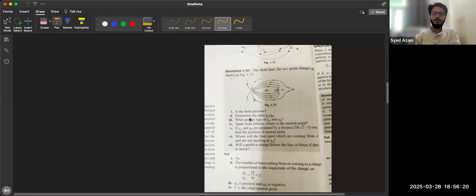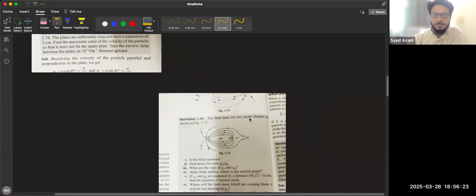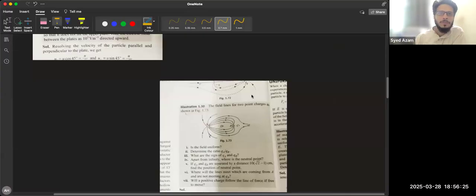Is this visible? Yes, sir. Is this question visible? Okay. So these are the field lines for 2 point charges as shown.